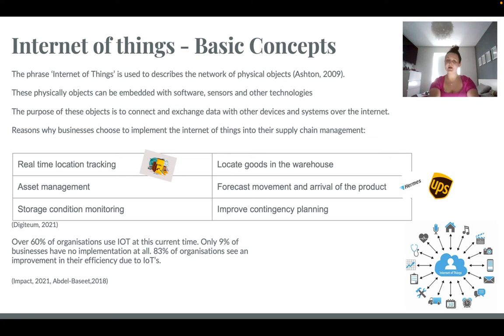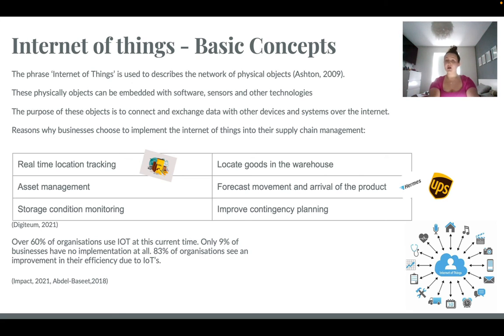This brings benefits far beyond just a more effective supply chain, and it also looks at the benefits that it can give to customers, and this therefore benefiting the business in the sense of a better brand image and higher customer satisfaction.